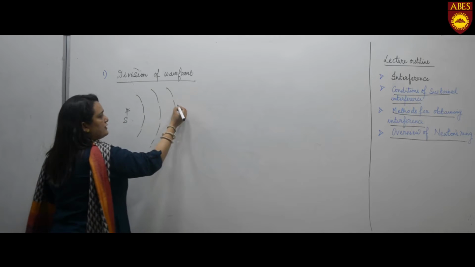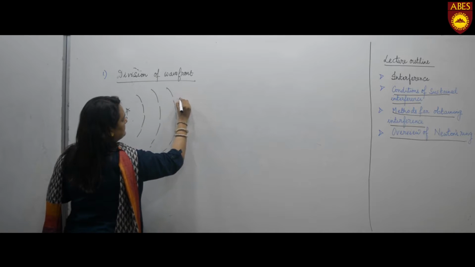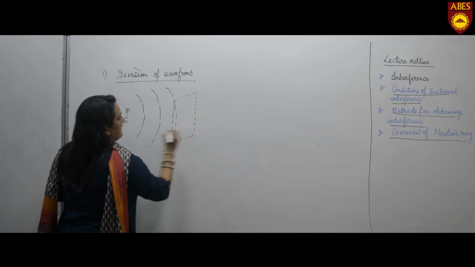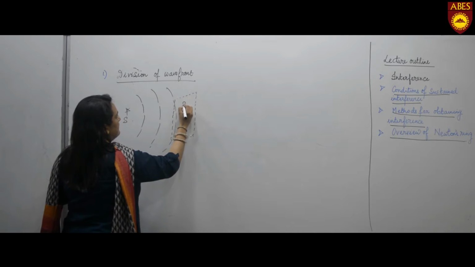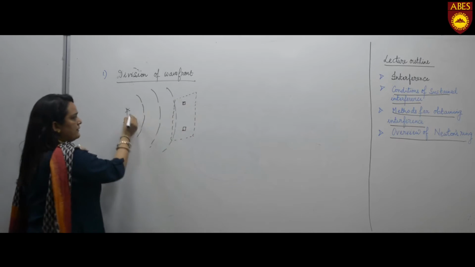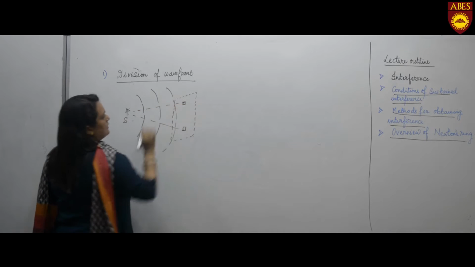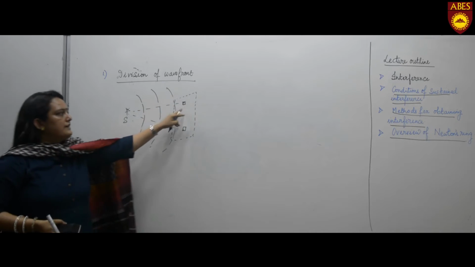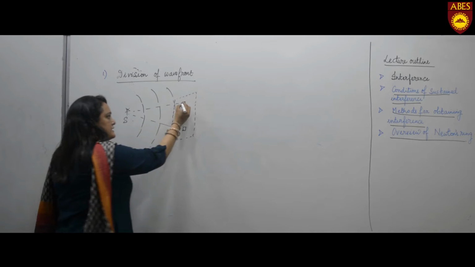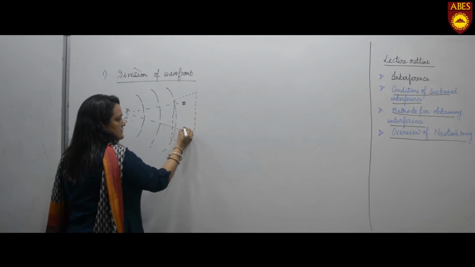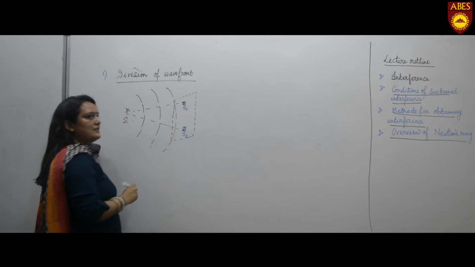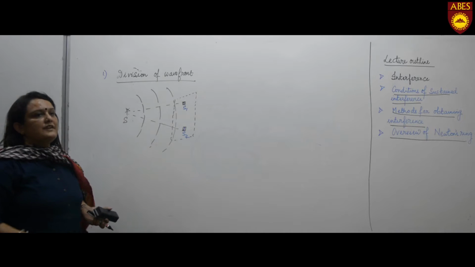Now in front of this source, if we place an arrangement having two pinholes almost equidistant from the source, we find that whenever this primary wavefront reaches this arrangement, every point of this wavefront which is being trapped over here, let us name this as S1 and S2, will serve as a source of new secondary disturbance.